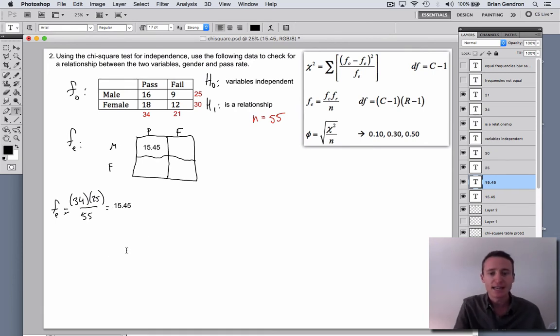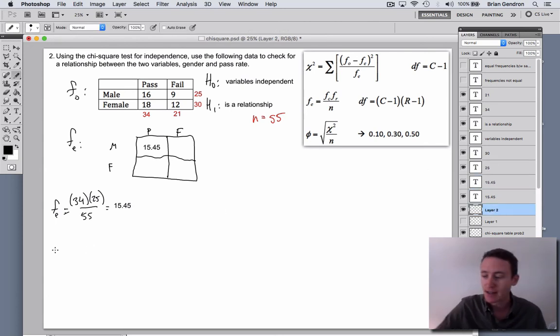All right, so it gets a little time consuming, but we need to do that for each one of these. So you can fast forward the video, or you can hang out with me as I do that now. All right, so I'm going to do the top right cell. This would be the males who failed the class. Going down, my FE for that one, there are 21 people in that column and 25 people in that row.